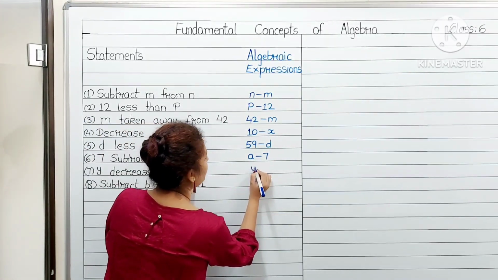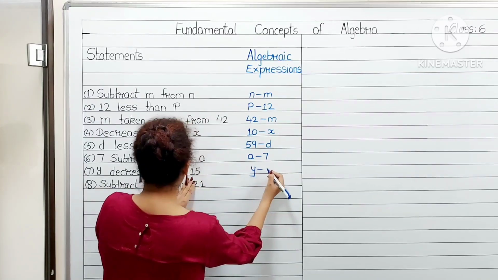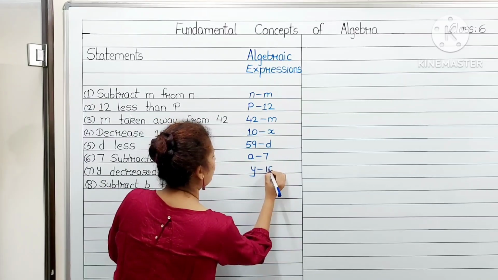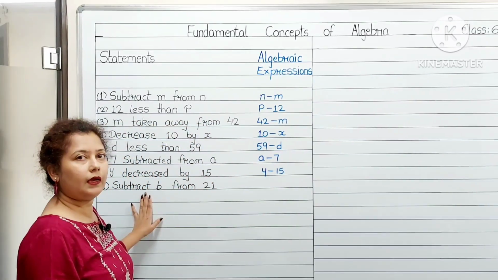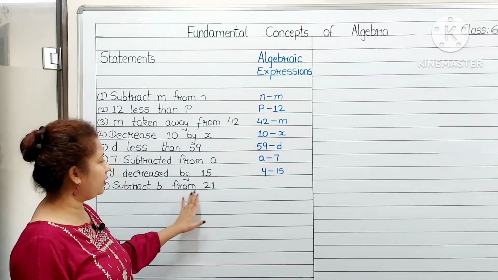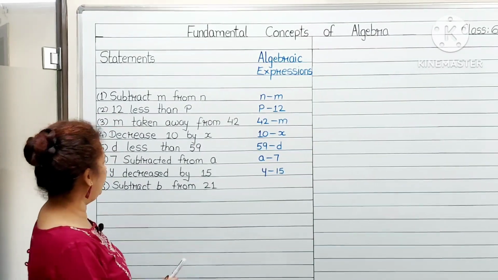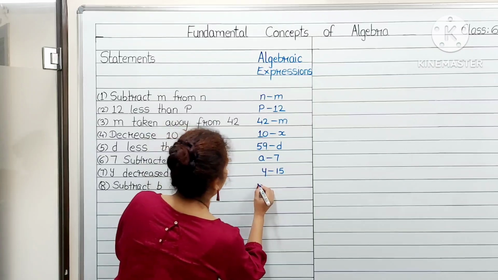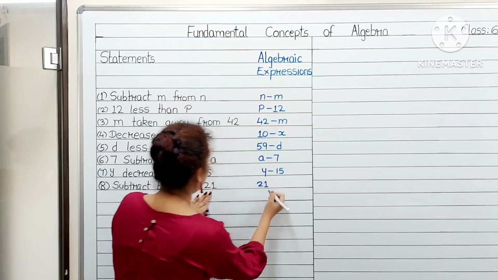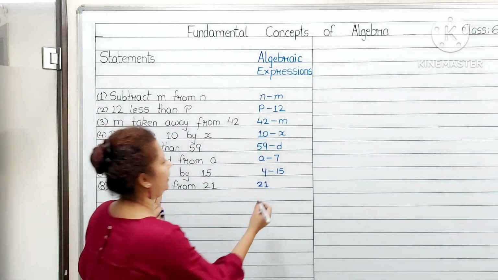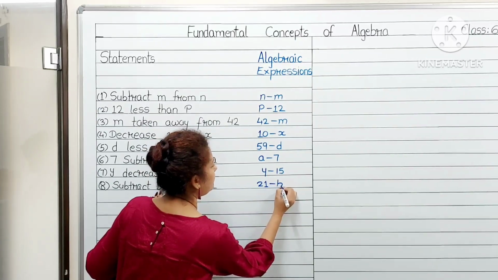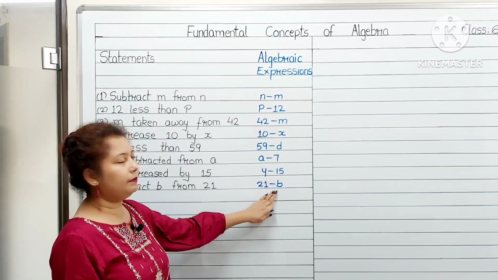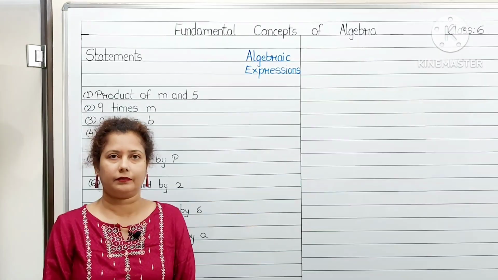So here first we will write y and we will minus 15 from it. Subtract b from 21. So here first we will write 21 and we will subtract b from it. So 21 minus b.